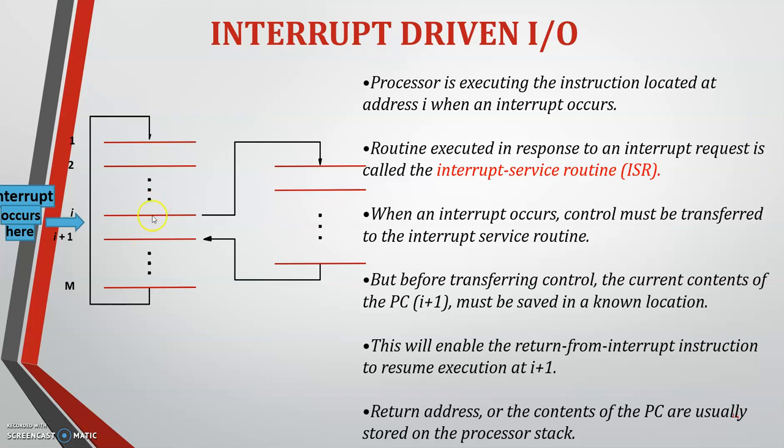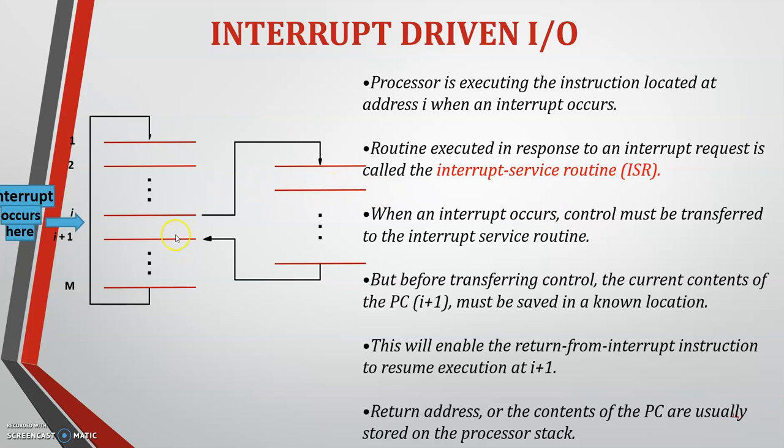So when the processor is executing an instruction located at the address I, and an interrupt occurs, the interrupt service routine will be executed. The routine executed in response to an interrupt request is called the interrupt service routine.